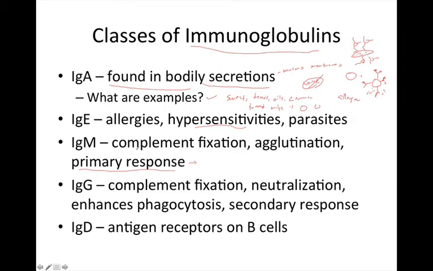One of the functions it induces is something called complement fixation, the activation of proteins in our blood that cause the destruction of cells, which we'll talk about in more detail in a minute.